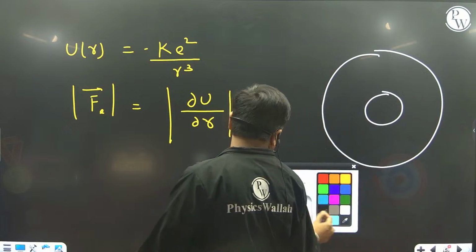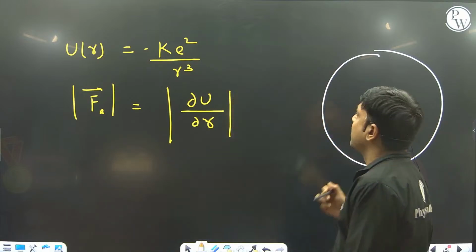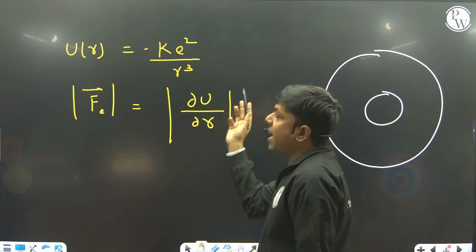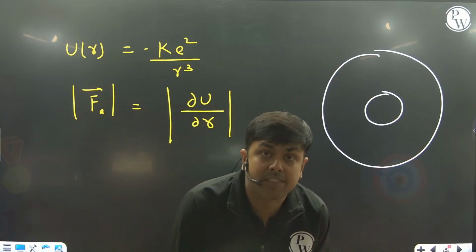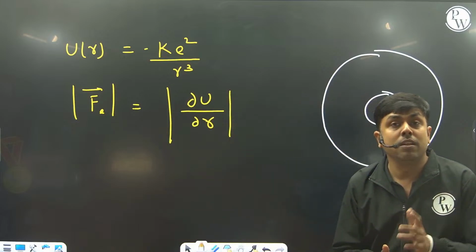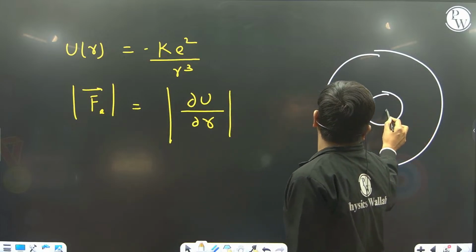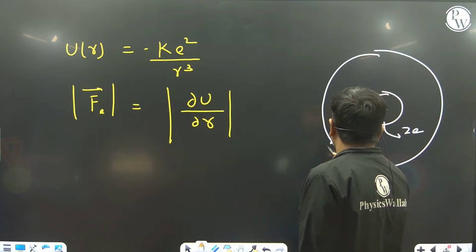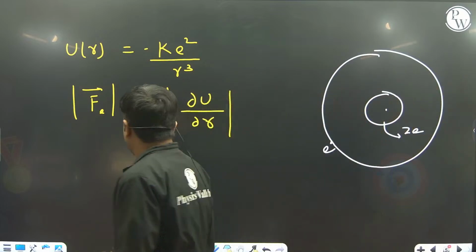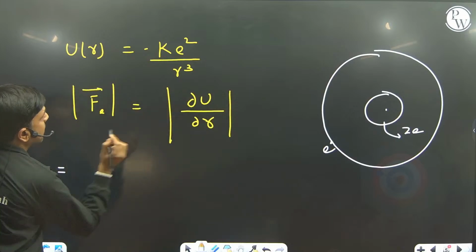So now we can differentiate this electrostatic potential energy and get the value of the electrostatic force of attraction operating between the nucleus, which has a charge of Ze, and the electron. So let's try to differentiate it.